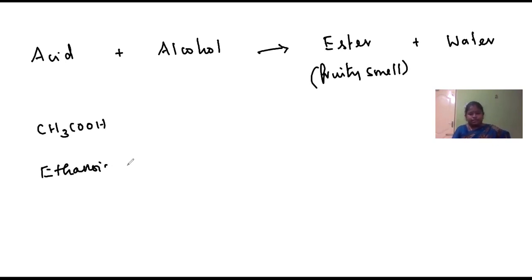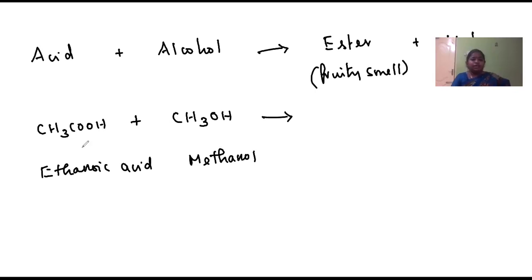I write ethanoic acid over here. When ethanoic acid reacts with methanol, what is the formula? CH3OH. What is it? Methanol. When methanol reacts with ethanoic acid, you get methyl ethanoate.